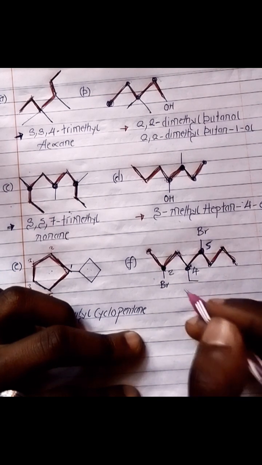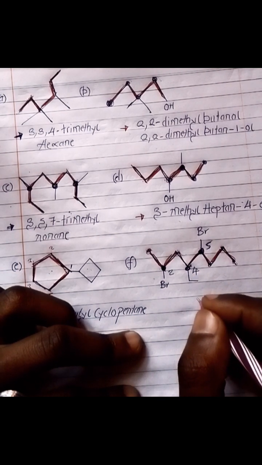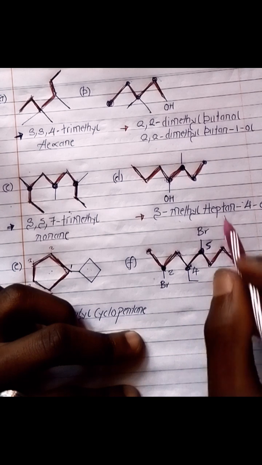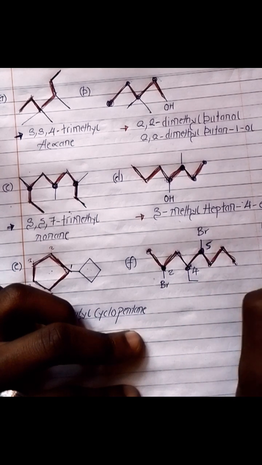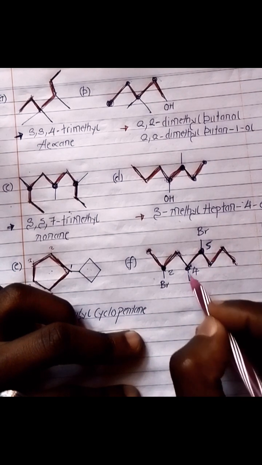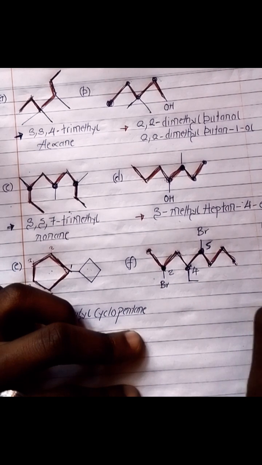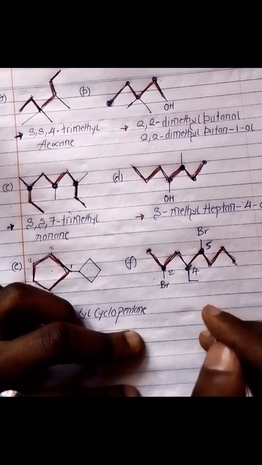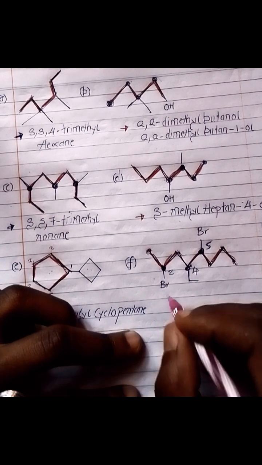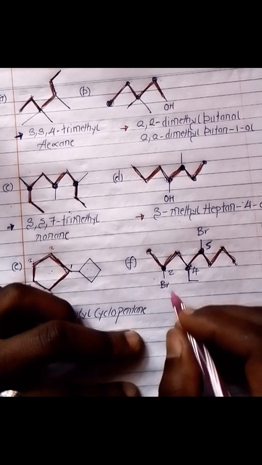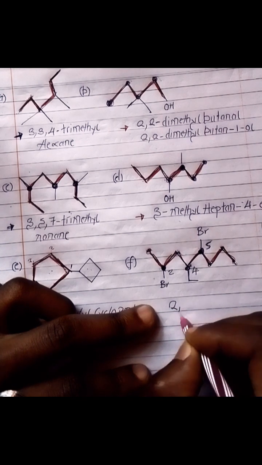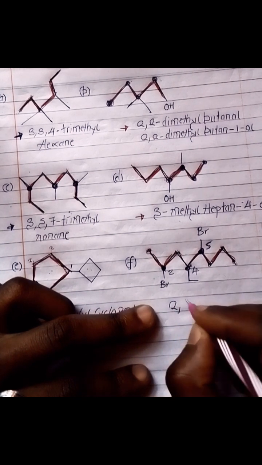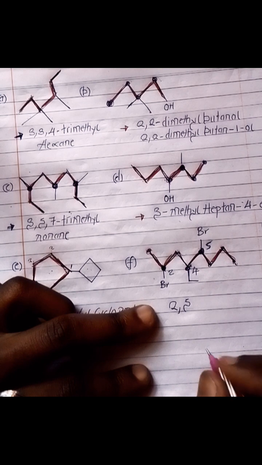Alright, so how do we go about naming this compound? You need to consider alphabetical order. Because you have 2 functional groups, a bromine group, and also an ethyl group, you ask yourself, what comes first in the alphabet between B or E? Everyone knows that B comes first. So therefore you mention the bromines first. At position 2, there's a bromine. And also at position 5, there's a bromine, right?